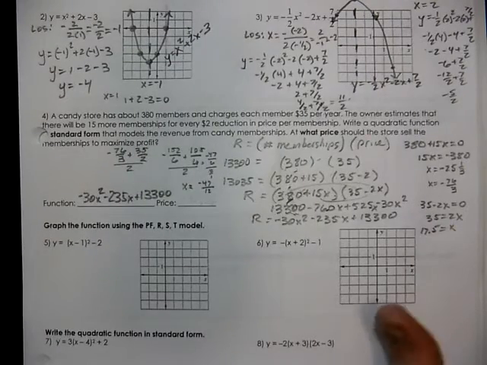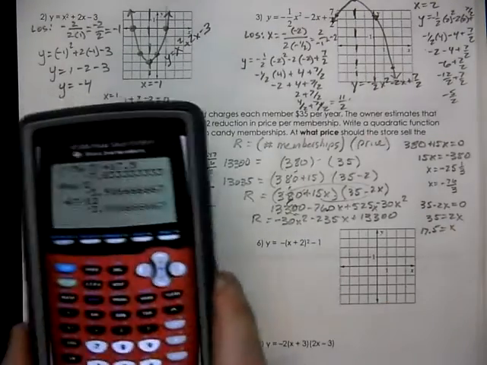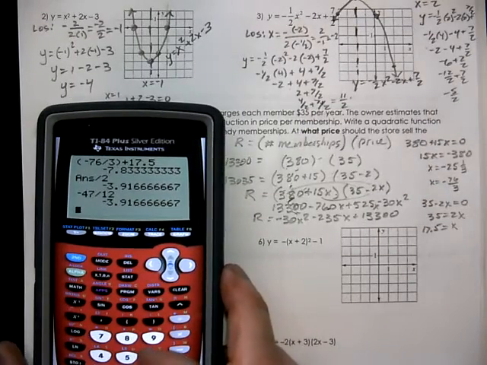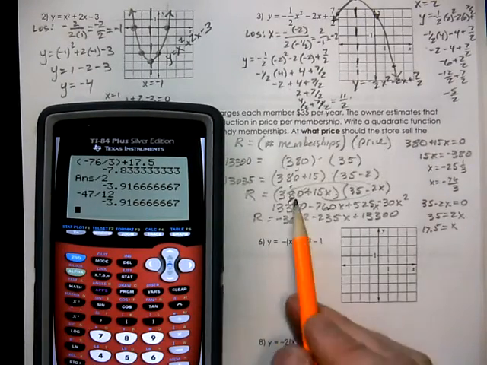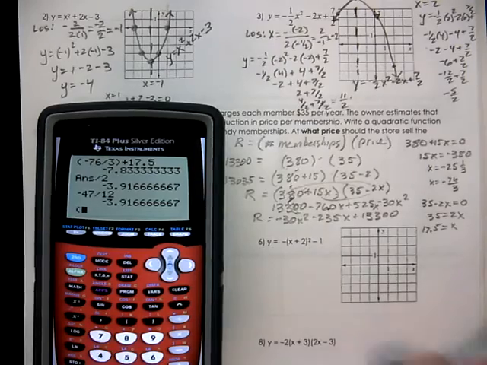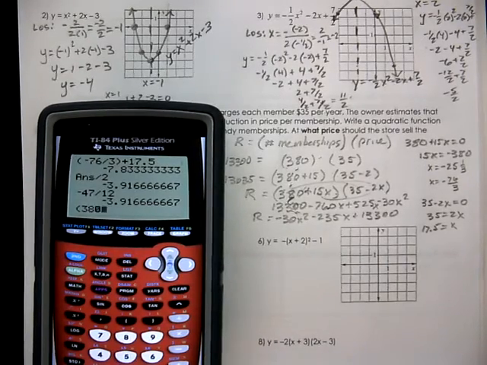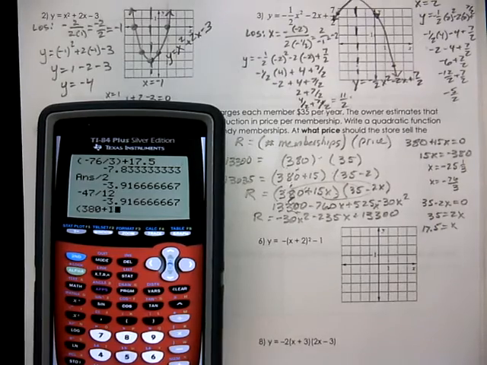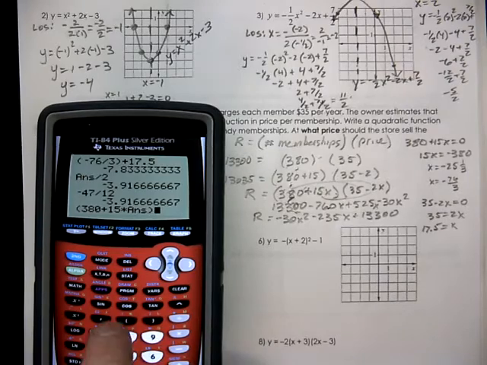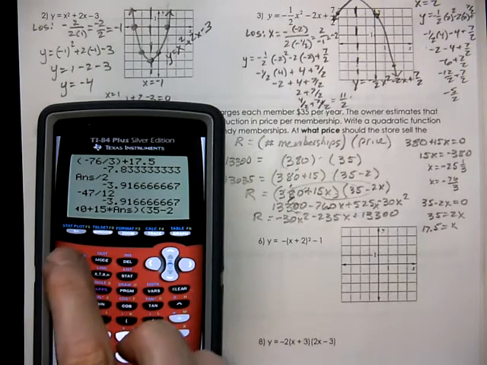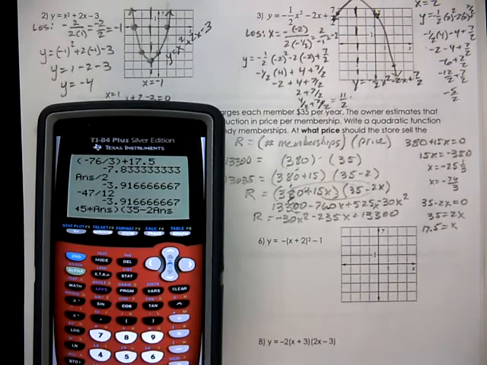So I'll show you a trick that we can do if we were using a calculator for this one. Since we have the answer here, we could take the 380 and add the 15 times that answer, and times that by the 35 minus 2 times that answer.